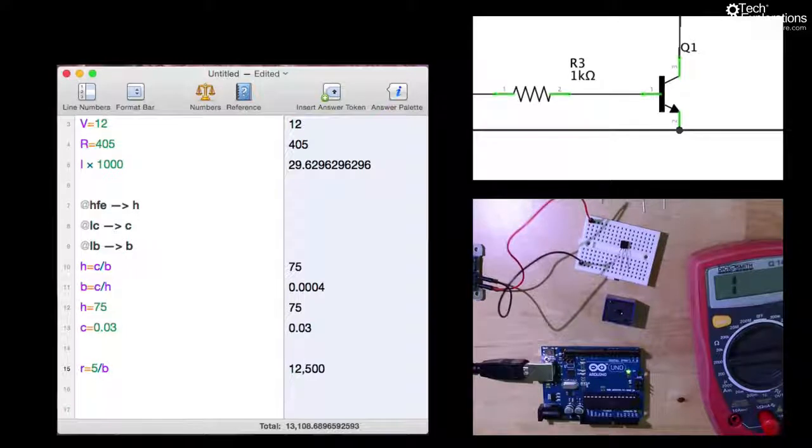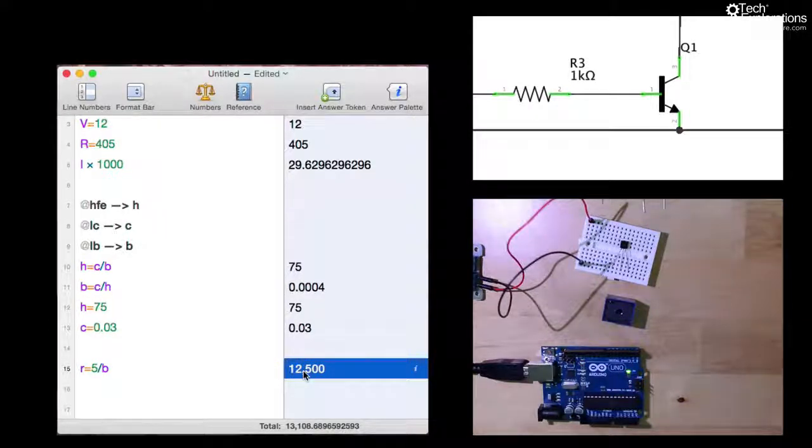So 0.004 amps, or 0.4 milliamps. So eventually I find that my current limiting resistor should be around 12.5 kilo ohms. So I'll go for something like 12 or 13, something like that will be good enough. So that's how you calculate the current limiting resistor that will protect your transistor.